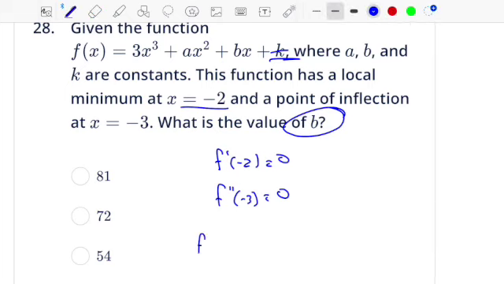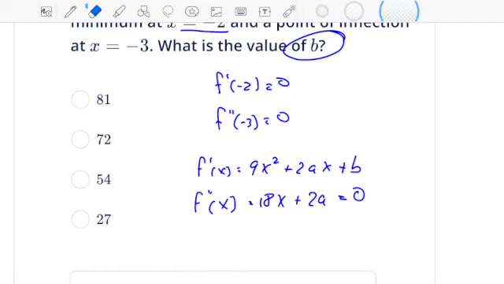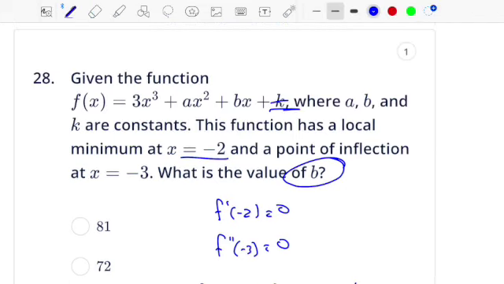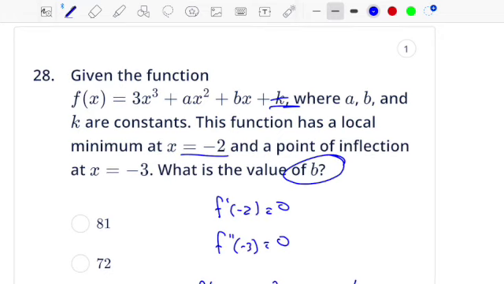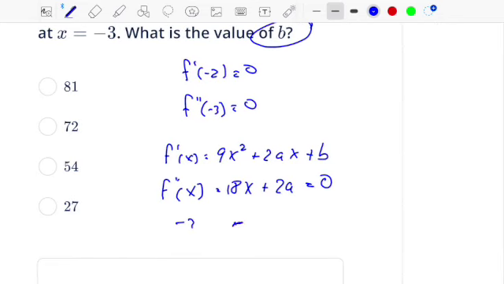Let's check that. f prime of x is 9x squared plus 2ax plus b. f double prime of x is going to be 18x plus 2a, and that's equal to 0. Plug in -3, that's going to be -54 plus 2a.